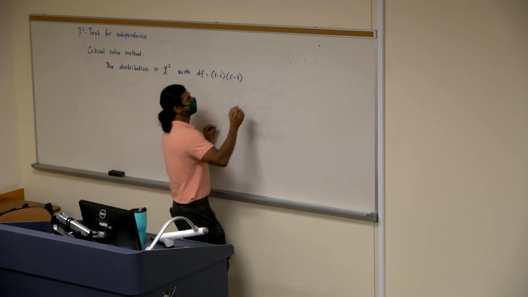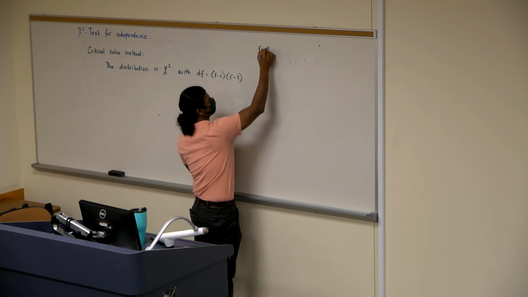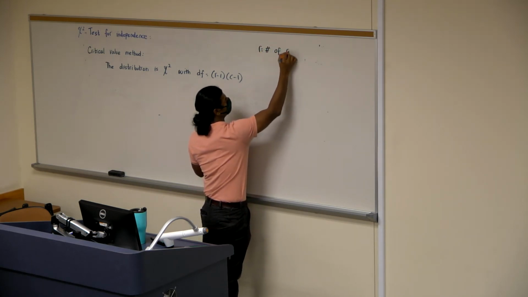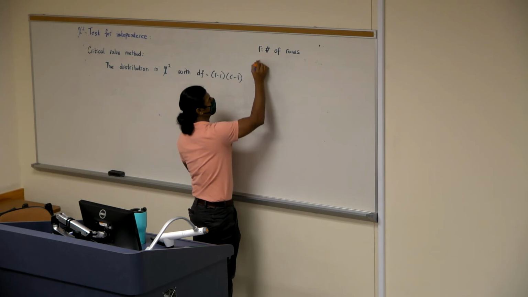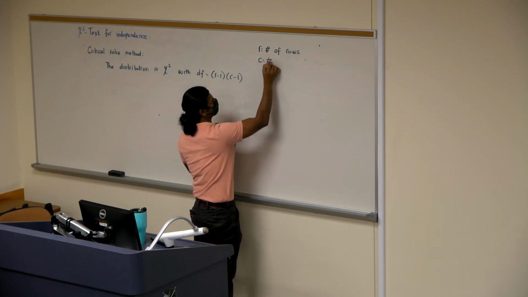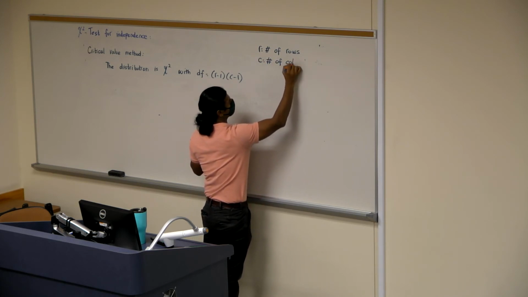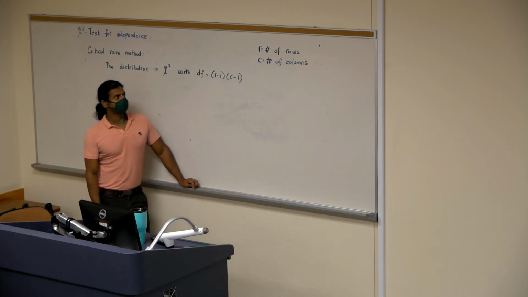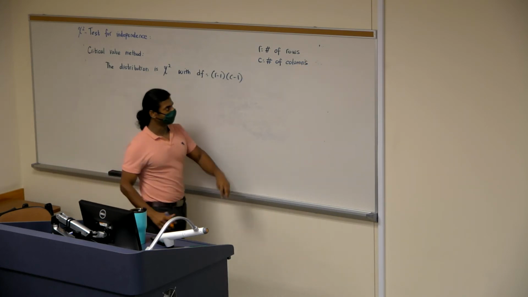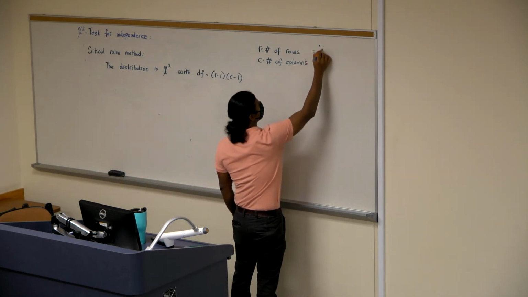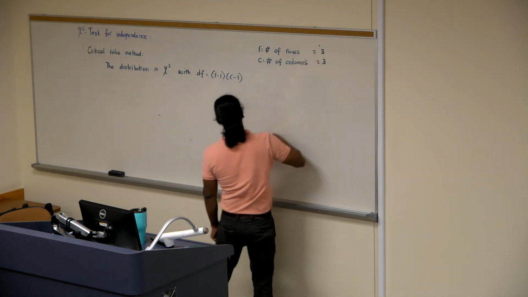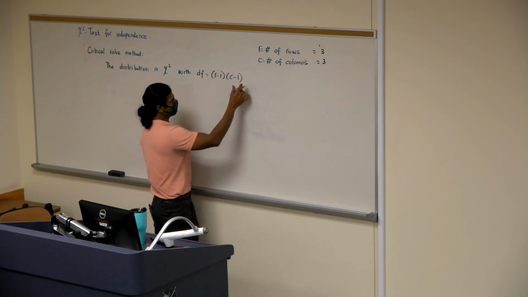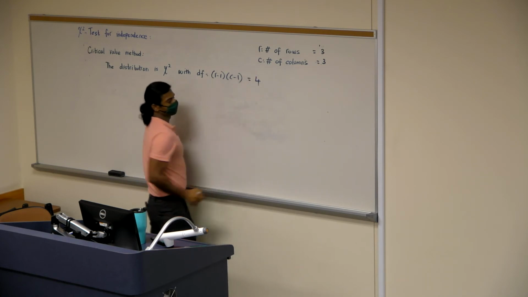What is R? R is the number of rows. C is the number of columns, so we have 3 and 3. 3 minus 1 times 3 minus 1, 2 times 2, we get 4.